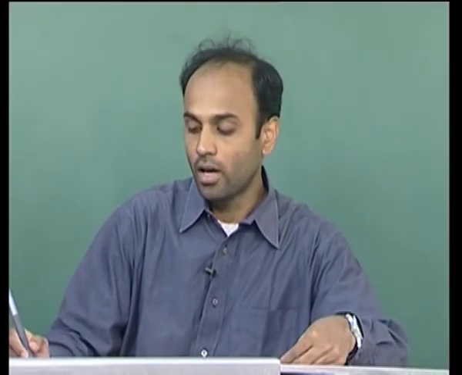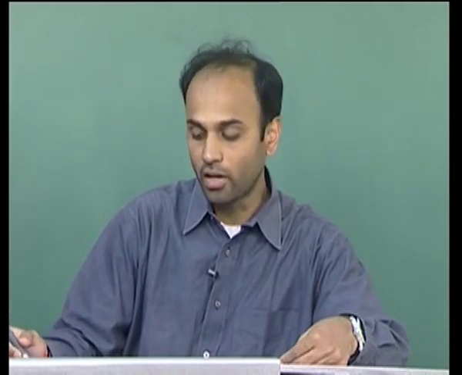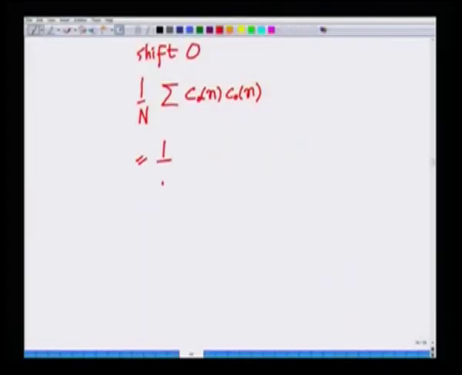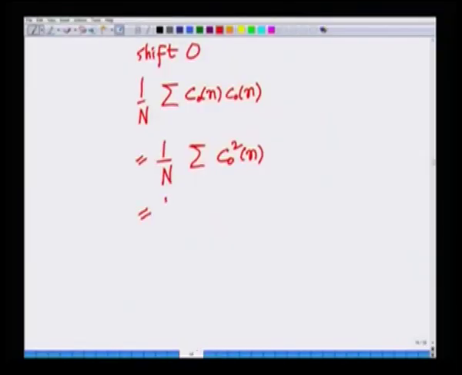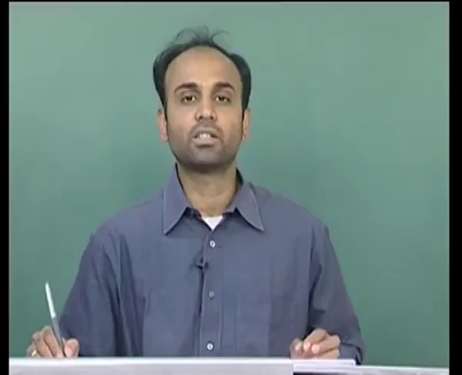So, C0[n] into the shifted, which is C0 of n itself, which is 1 over n summation C0 square of n, which is now, if you look at it, each C0 of n is either plus 1 or minus 1. In both cases, C0 square of n is 1 itself. Hence, 1 over n summation of 1 is essentially n over n, which is equal to 1.